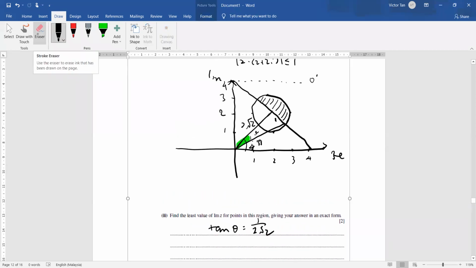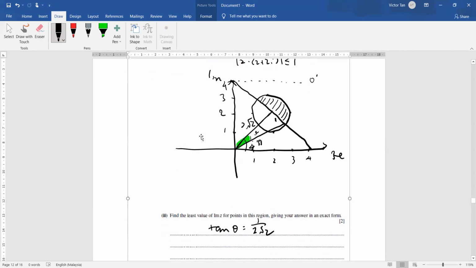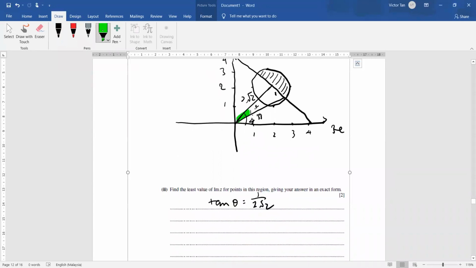They want the exact form. Sorry, I wanted to find the angle. In fact, they want just the imaginary part of z, so it's just this point here, the least value.